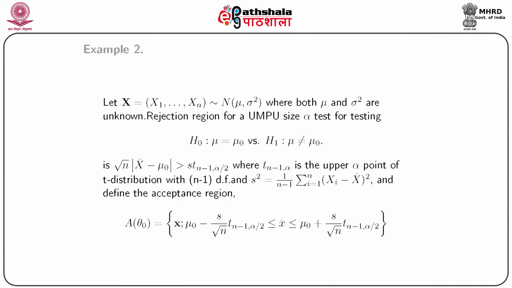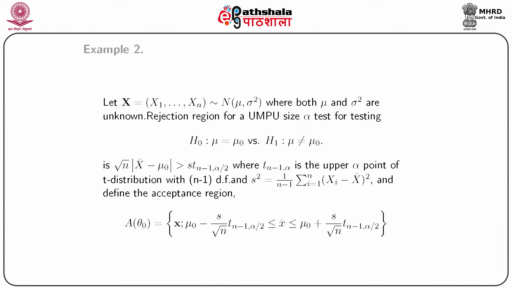We consider the second example. Let X1, X2, ..., Xn be a random sample of size n from a normal mu, sigma square population where both mu and sigma square are unknown. The rejection region for a UMPU size alpha test for testing H0: mu equals mu naught versus H1: mu not equal to mu naught is given by modulus of root n into (x bar minus mu naught) greater than s into t(n minus 1, alpha by 2), where s denotes the sample standard deviation.